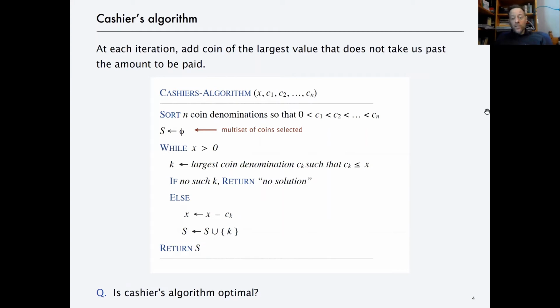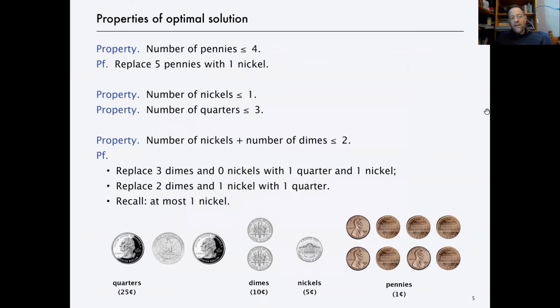If there is no such k, then there is no solution. If there is a 1 cent coin, this will of course never happen, but assume there are only 2 cent coins, or 2 and 5 and so on, then this might be the case. Otherwise, we reduce the amount by the denomination of the coin, and then we continue. So this is then an optimal solution.